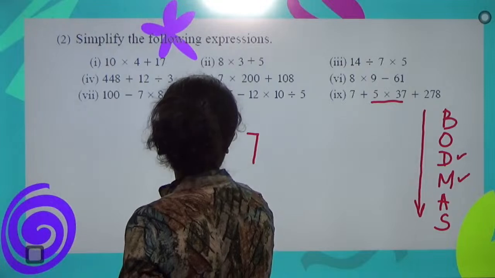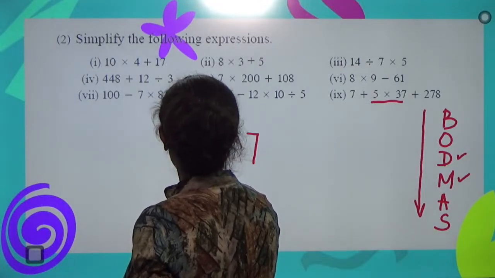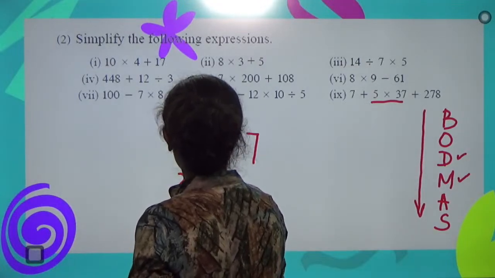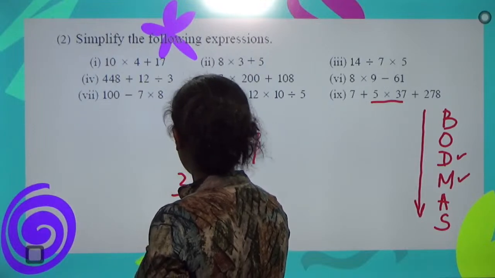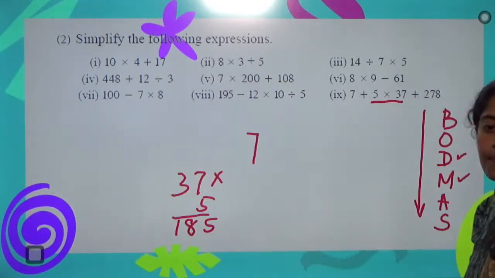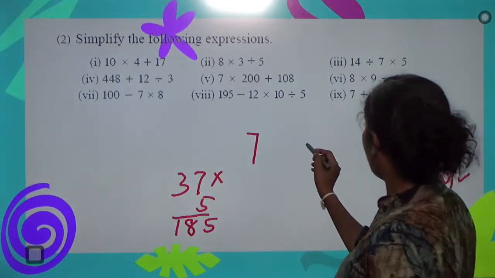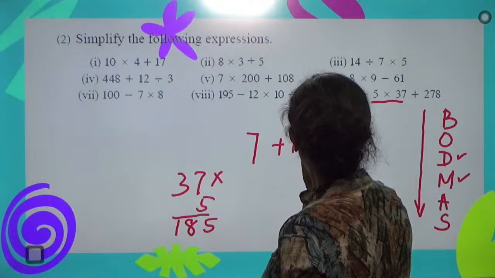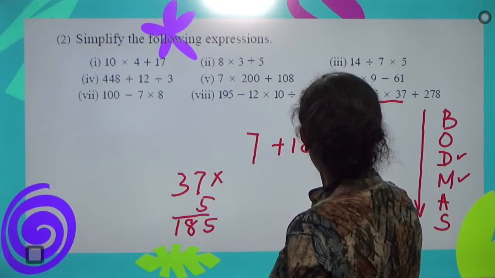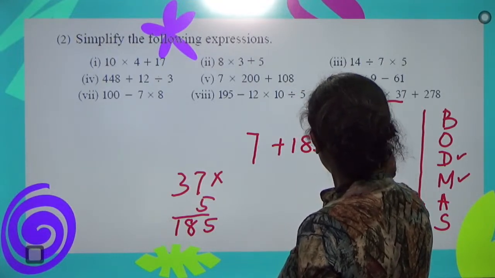37 by 5, 185. Is that okay? Yes, teacher. Right. Then 7 plus 185 plus 278.